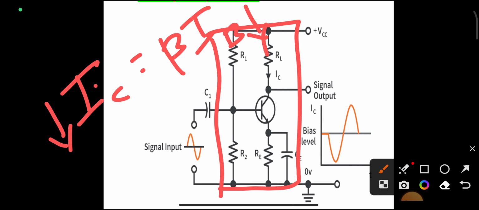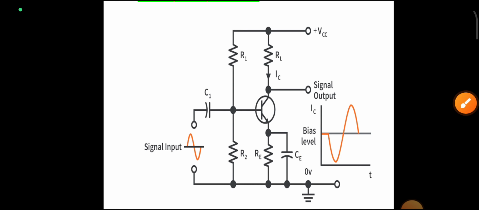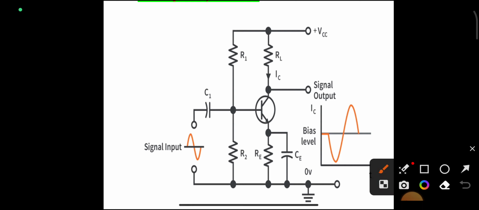When IC decreases, IB will increase. There is a relation between RE and VBE, the voltage across the base emitter junction. When the current in IE increases, the voltage across the resistor RE also increases, and the voltage across the base emitter junction decreases, because the voltage across R2 is constant.